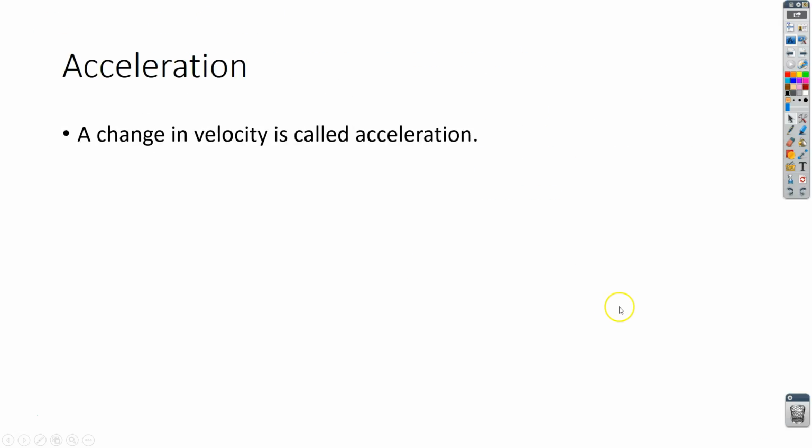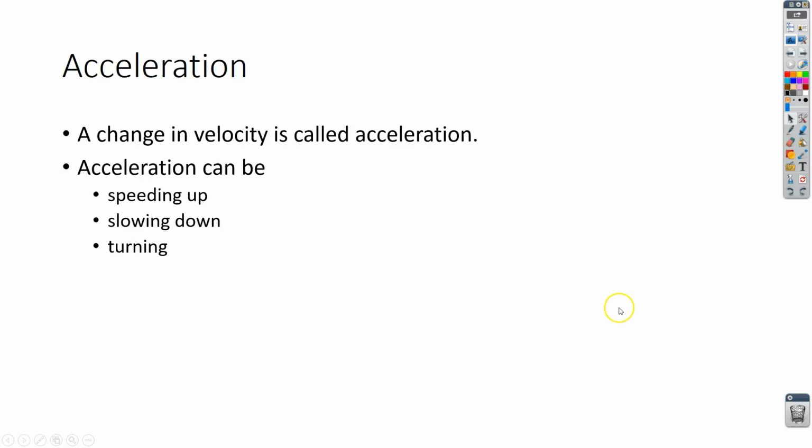Acceleration is a change in velocity, and so that's the term we use. We can be speeding up, we can slow down, and we can also turn. When you make a turn on a curve, your speed can stay the same. You can also speed up and slow down. But notice that when we are driving along this curve, at each point here, my velocity changes.